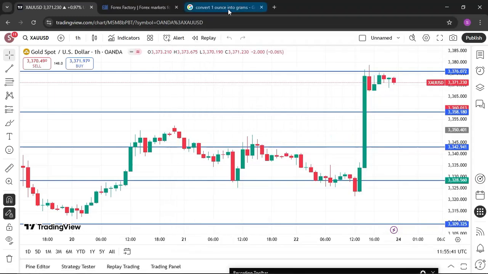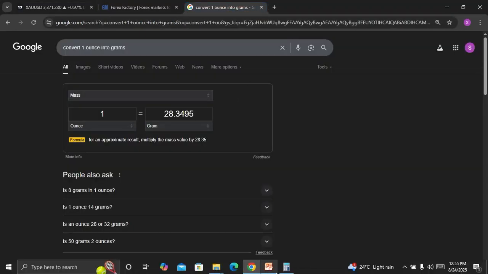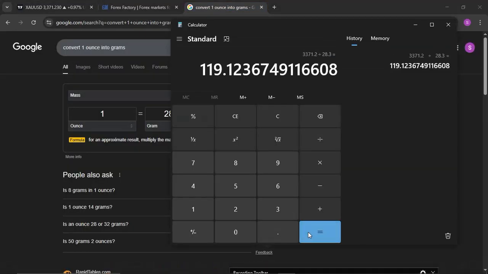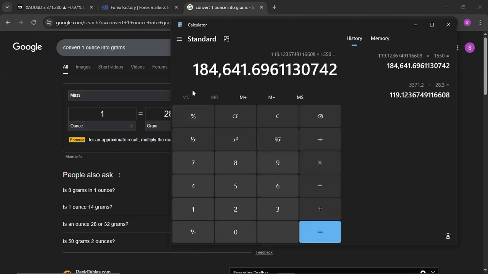Is it 28.3? Yes, 28.3. 119. Now let's say 119 times, how much is dollar rate today? Let's assume it's 1,550 naira. 184,641. Now this is the price of each gram of gold.